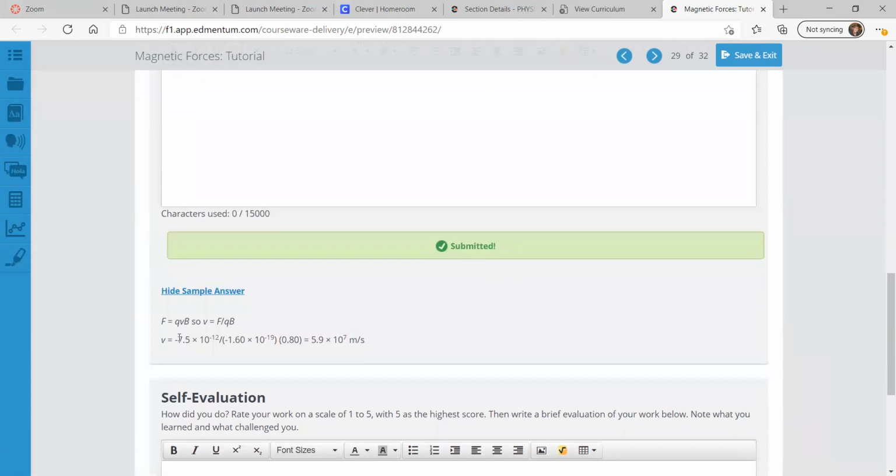So here we're using F equals QVB. We're looking for the velocity. So V equals F divided by QB, and then you plug in everything. And you wind up with V equals 5.9 times 10 to the 7th power meters per second.